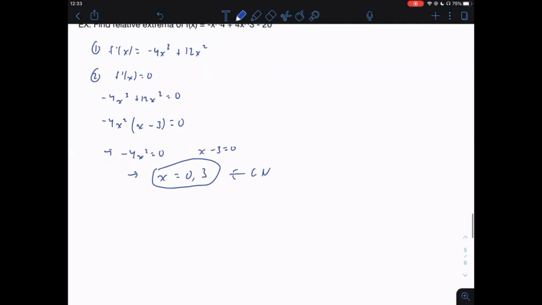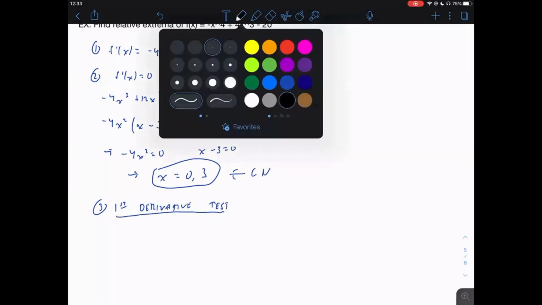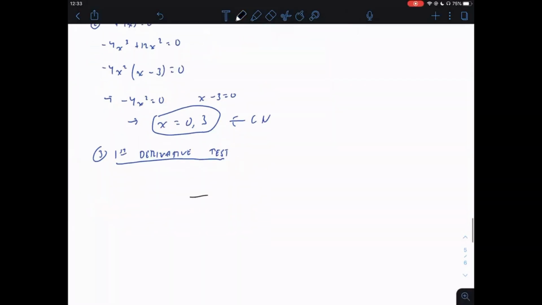All right, and then now the first derivative test. All right, so again, for the first derivative test, we start by drawing a number line with our 2 critical numbers drawn onto it first. All right, so here we have 0, here we have 3.